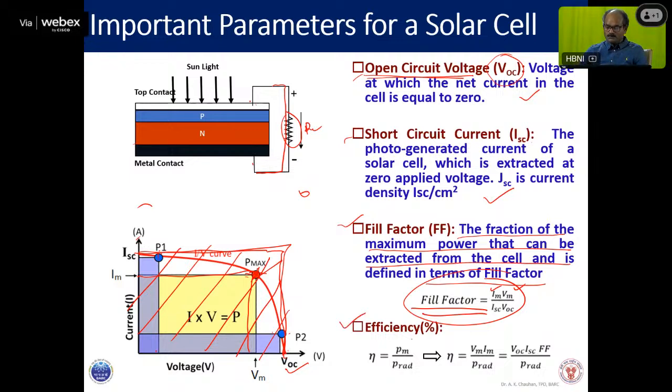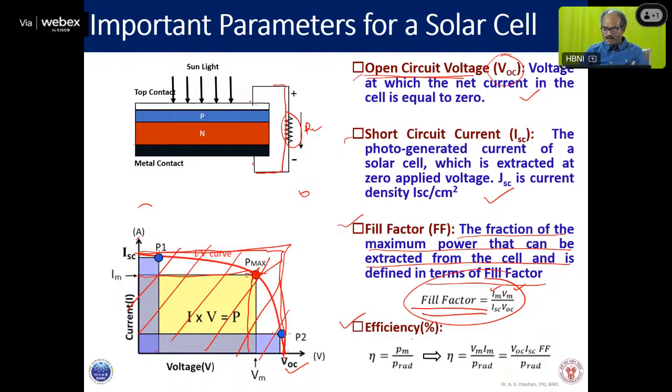What is efficiency? First, efficiency is how efficiently my solar cell is converting light into electricity. Suppose I know very well that my input intensity is 1 kilowatt per meter square. This is the standard 1.5 AM intensity.